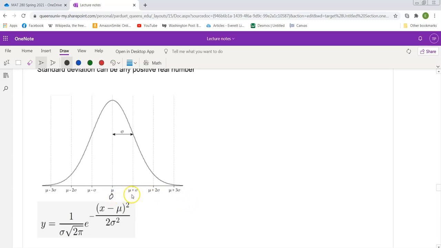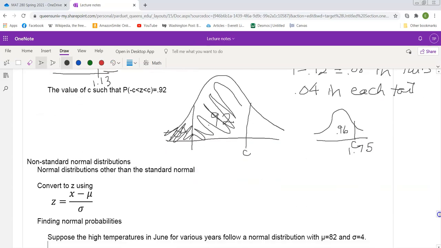And this lines up with 0, 1, 2, and 3, and then -1, -2, and -3. And these are just on different scales. They're the same values, they're just on different scales. So all we're doing is going from one scale to the other using that conversion of x minus mu over sigma equals z.